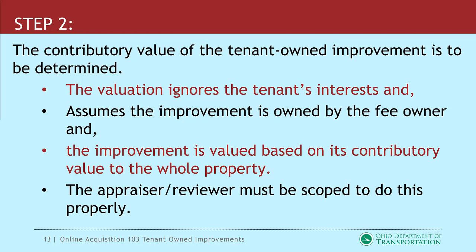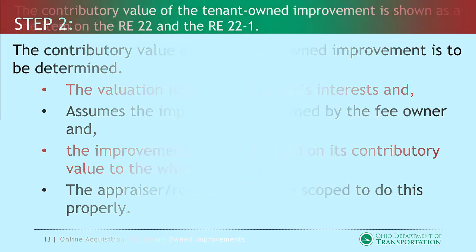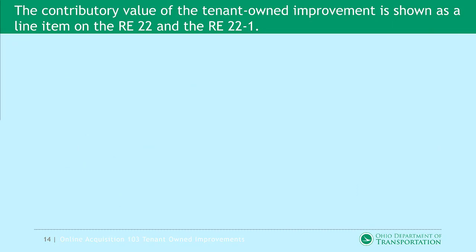So they need to be aware ahead of time if there's a tenant-owned improvement that is out there for them to evaluate it. It has to be ignored for the tenant interest, and then eventually it'll be valued for the contributory value. The contributory value of the tenant-owned improvement is shown on the line item RE22.